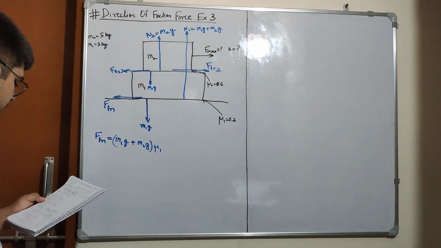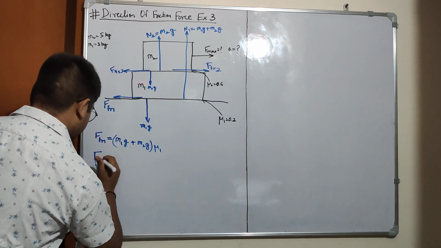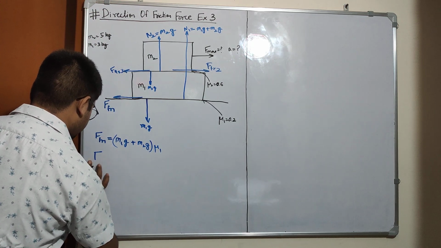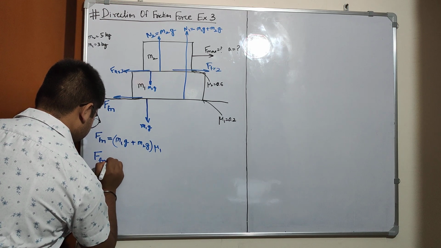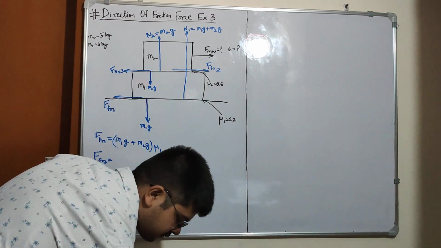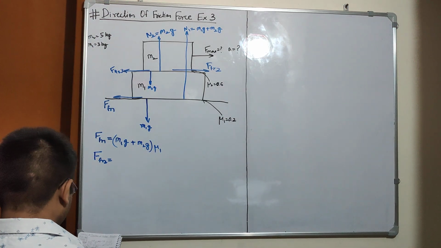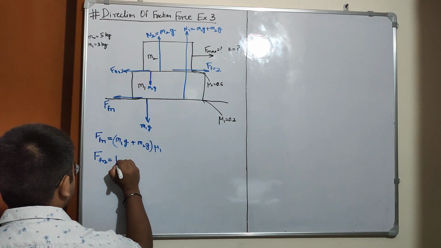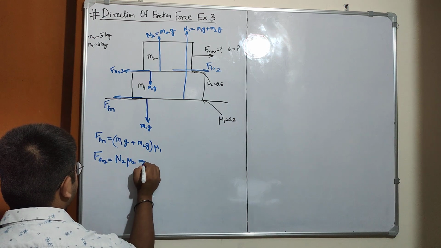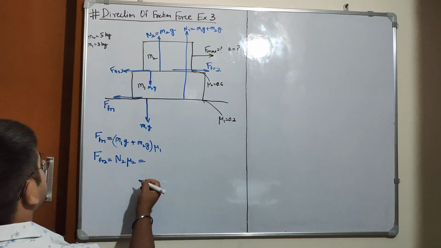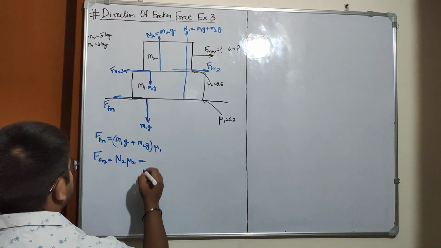Then friction 2 would be N2 mu2, which is equal to M2G mu2.